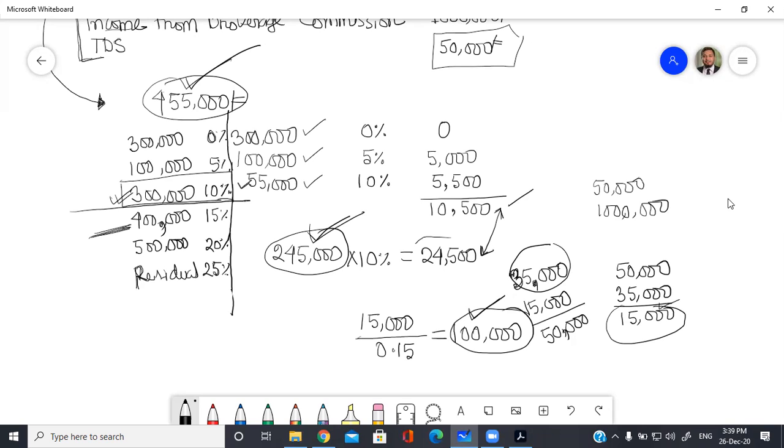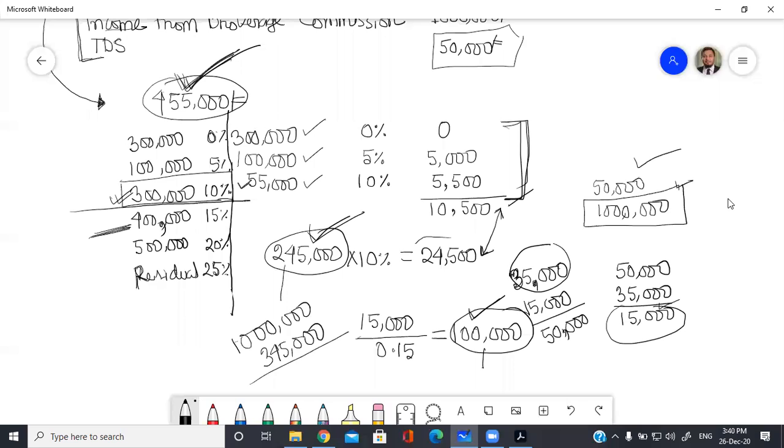Up to this, we have covered 245,000, and with the 50,000 tax payment we have been able to cover 345,000. Out of this 1 million income, how much is still remaining? 655,000.